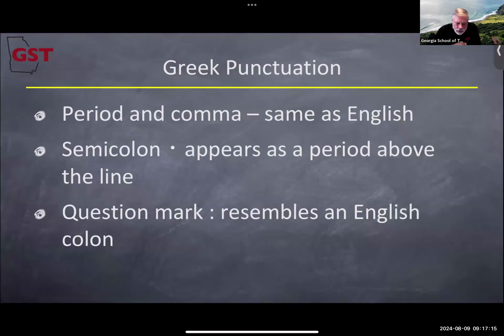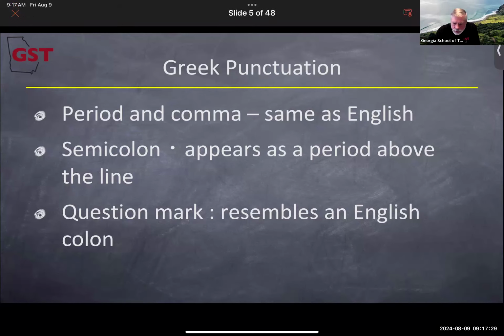All right. So let's look at more about punctuation. In Greek and English, the period and the comma are the same, no problem, right? So period, here I can write period and a comma. The semicolon for Greek, there is no English equivalent.